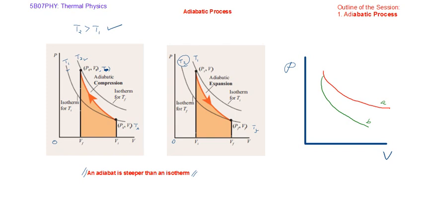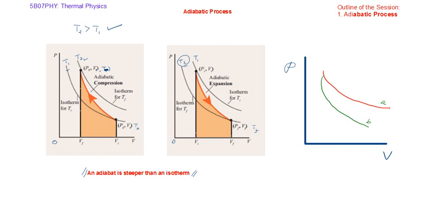Now suppose somebody asks you which of these graphs represents the adiabatic process and which represents the isothermal process. I think you won't have any doubt at all, because you have already learned that an adiabat in a PV diagram will always have a greater slope. Actually the slope is negative, because it is decreasing, but it doesn't matter, you compare only the magnitudes.